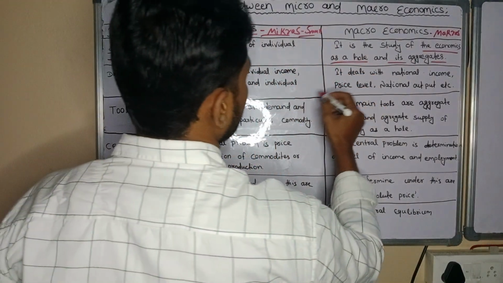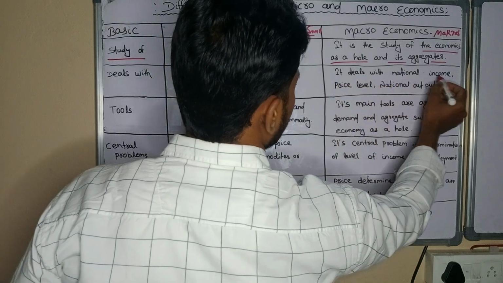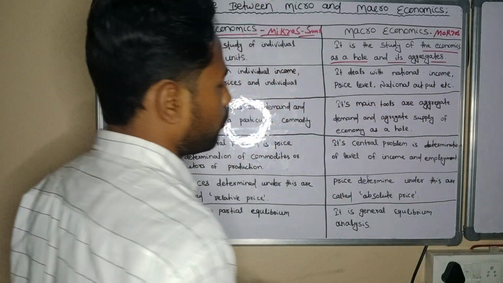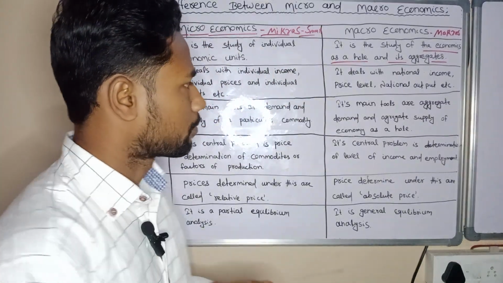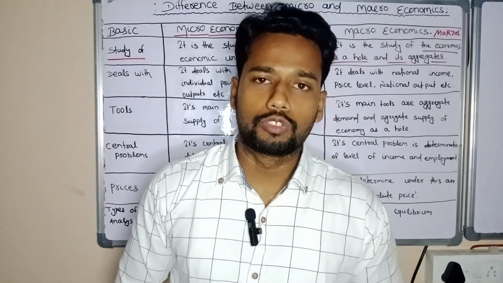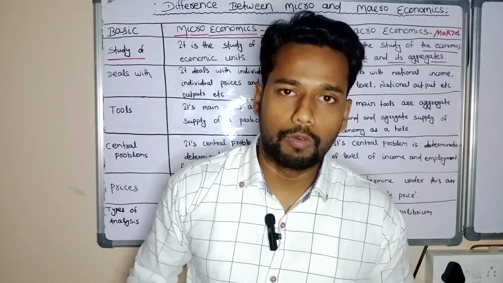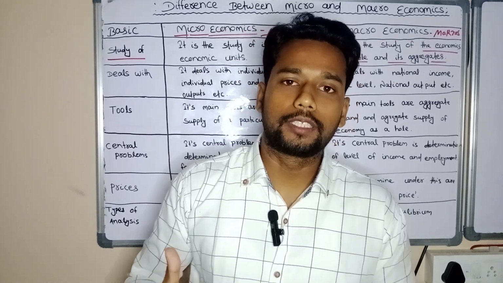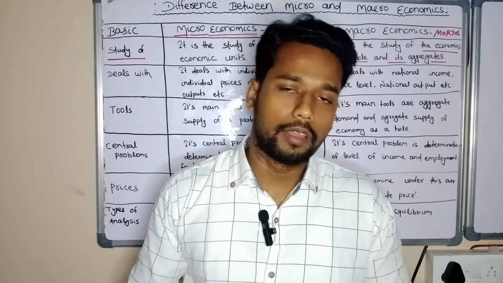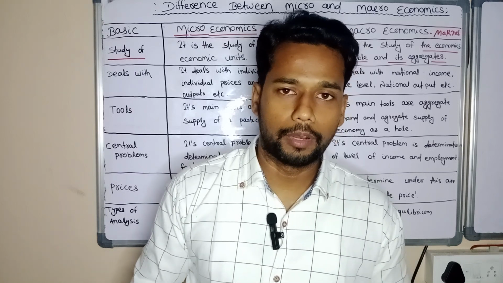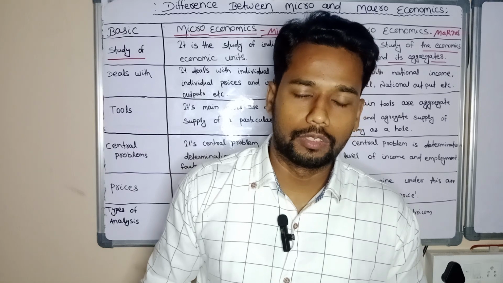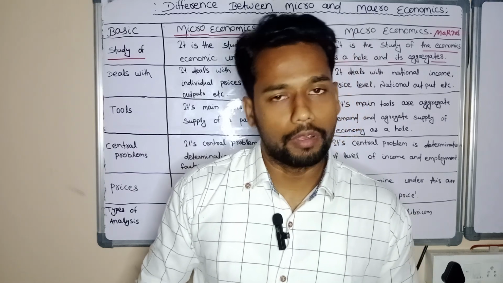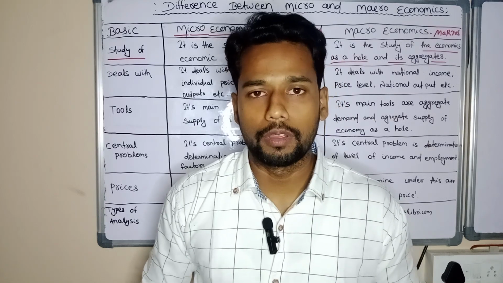Then macroeconomics deals with national income, national price level, and national output. India is exporting so much food grain. Why? What is the economic secret behind exporting different products or food grains? If you are studying this, you are studying macroeconomics.